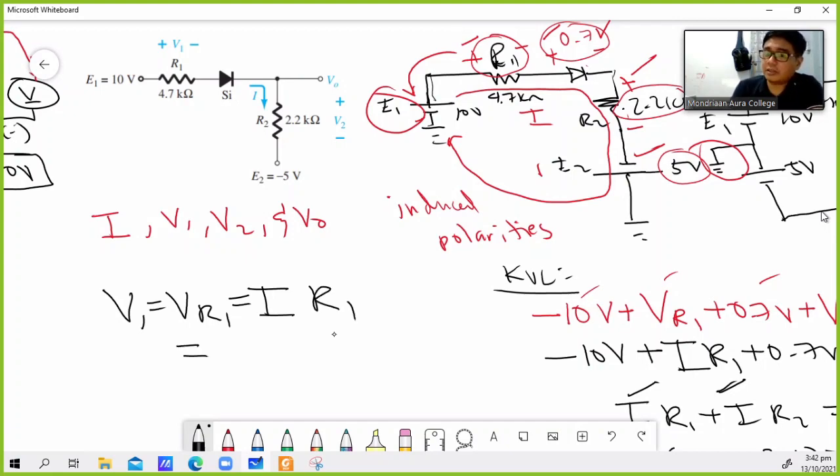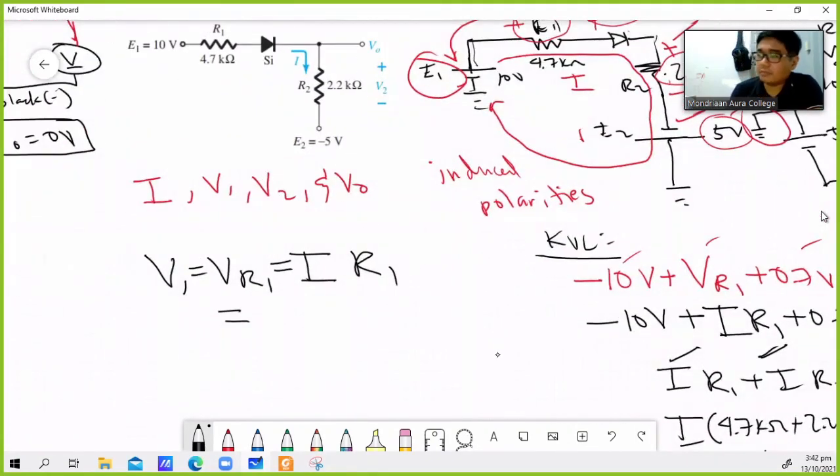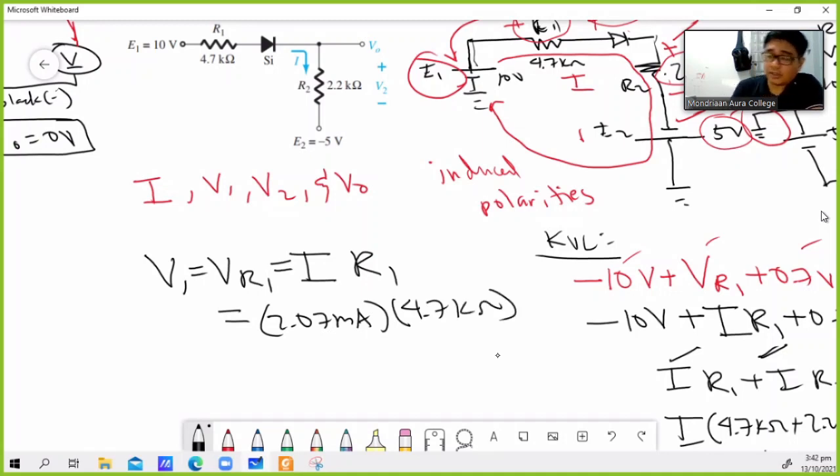So that is equal to, ano yung kuryente? 2.07 milliamperes. So 2.07 milliamperes multiplied by 4.7 kilo ohms. So dapat ang sagot niya naka-volts. Pag milliamperes times kilo ohms, automatic naka-volts yan.